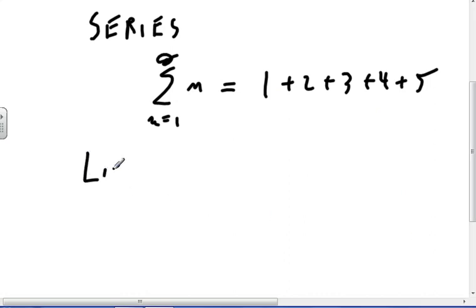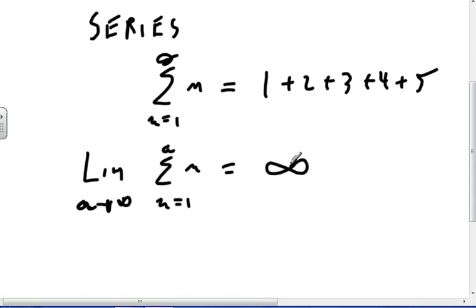If I look at the limit as a goes to infinity of the summation of n equals 1 to a of n, the first thing I would have is a 1 and then a 3 and then a 6 and 10. Well, this is going to get pretty big pretty quick. But we have to figure out how these things converge.